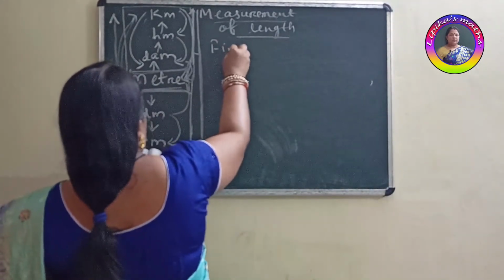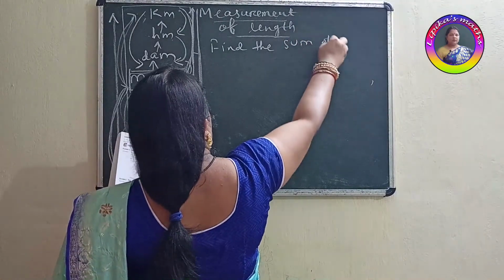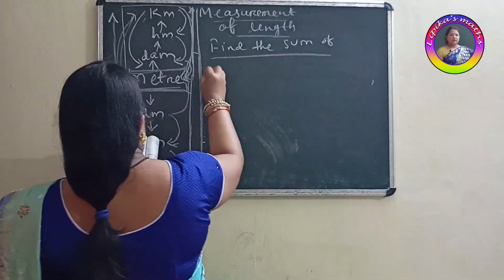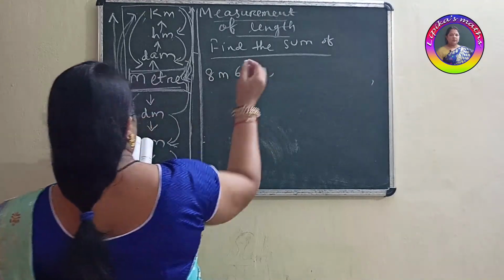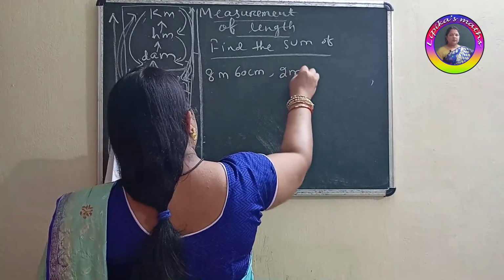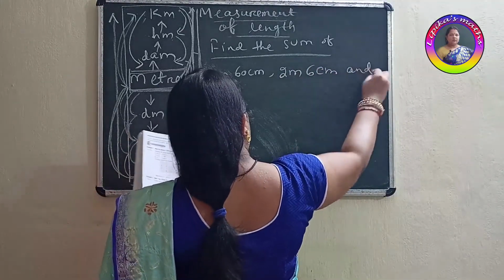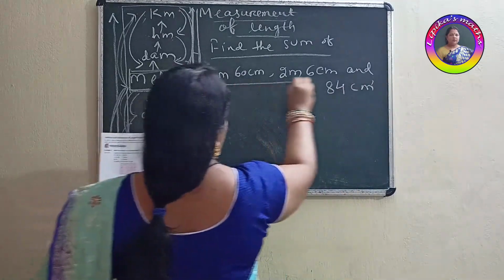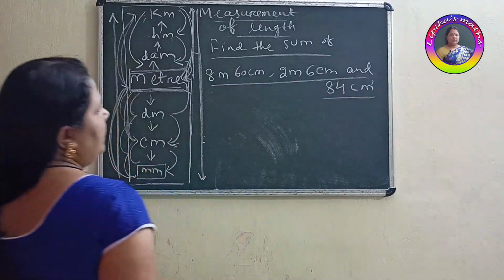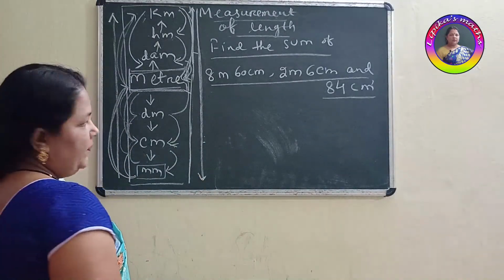Find the sum: 8 meter 60 centimeter, 2 meter 6 centimeter and 84 centimeter. Okay, this is your question. Find the sum, how to add it.